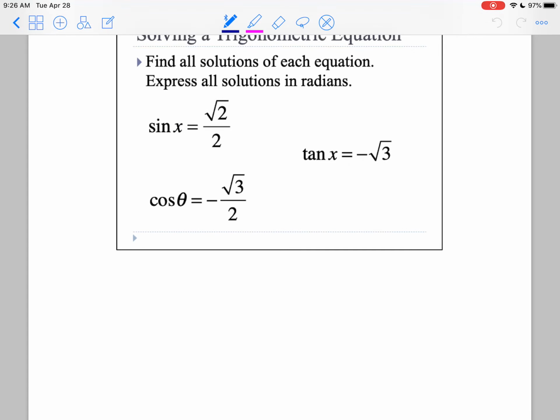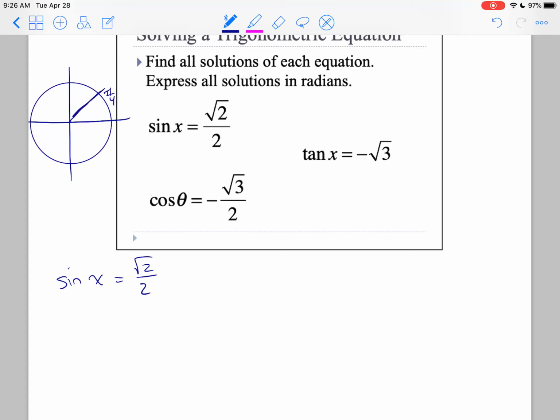So let's start with sine of x equals root 2 over 2. Now if we think about our unit circle, we know that sine is equal to root 2 over 2 here at pi over 4.